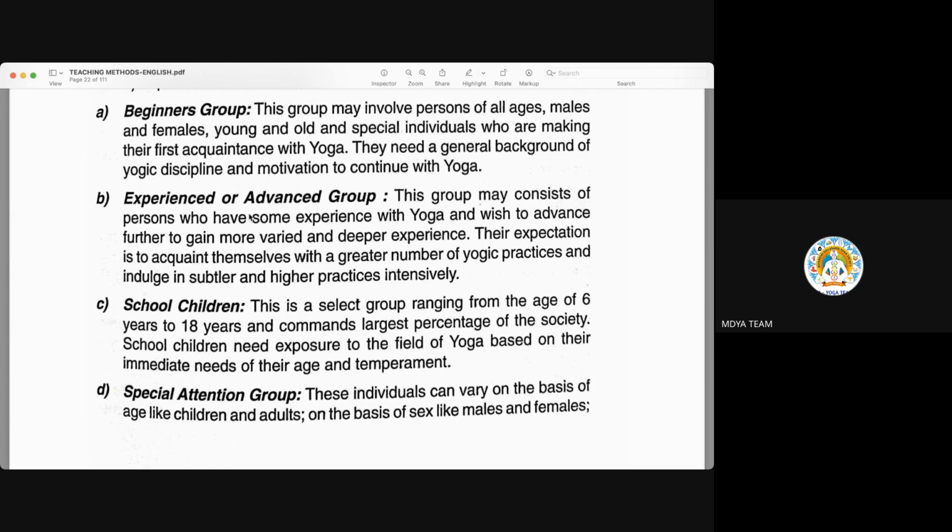They need a general background of this yogic discipline, and the teacher should motivate them to be in this field and continue with this yogic practice.